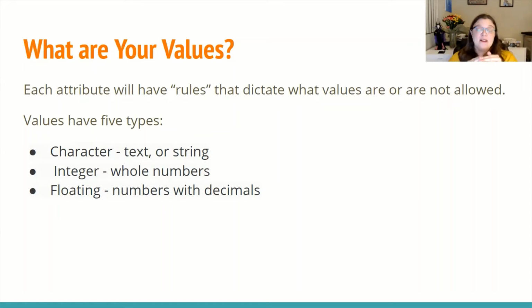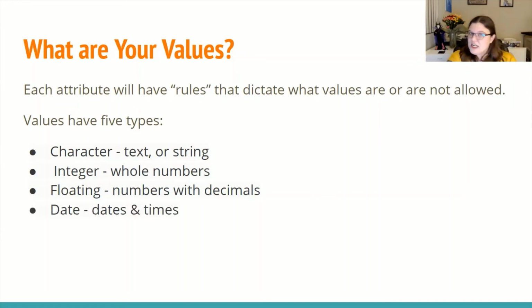Floating has more flexibility in terms of computational power, but for now, we'll just do yes decimal or no decimal. If you're doing number of rooms, buildings only have 1.5 rooms. It's either a room or it's not. So that'd be a good one for integer. Versus baths could be floating, because people totally have half baths. Or how tall are you? That's a great one to have decimals for.